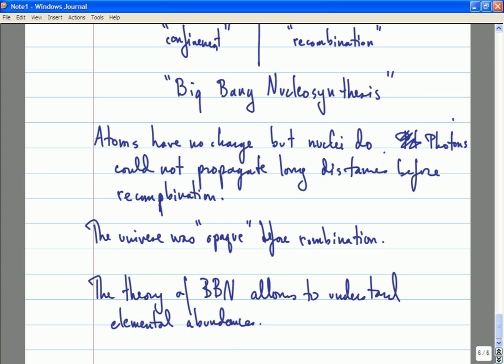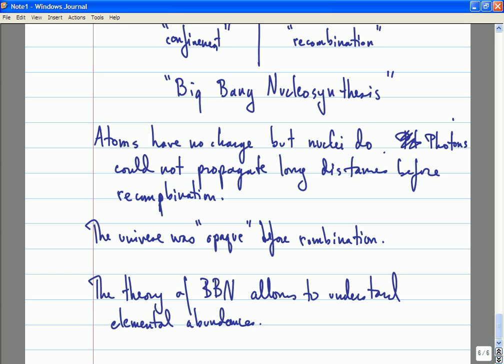And I think it's sort of fascinating that, in fact, the astronomical observations of elemental abundances is one of the most detailed checks of our theories of nuclear matter. So, the theory of Big Bang nucleosynthesis, which is based on our understanding of nuclear physics, has allowed us to predict the relative abundances of hydrogen, helium, and so forth for the early stars to a great degree of accuracy, which has been checked to the percent level.